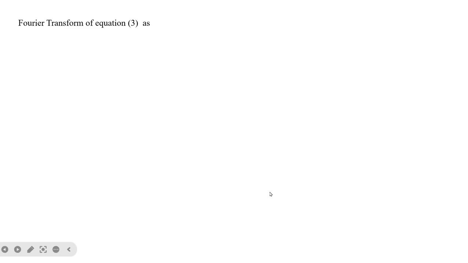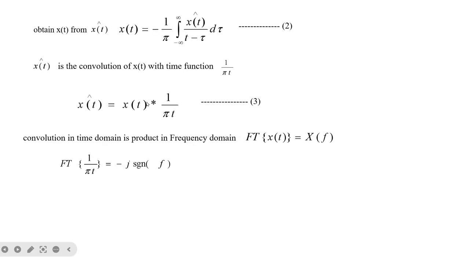Now we have obtained the Fourier transform of x of t and 1 by pi t. So we can write the Fourier transform of equation 3. Equation 3 was what? This is the equation number 3. So we will write the Fourier transform of this equation, which will be given as capital X cap of f is equal to X of f into minus j signum function of f.